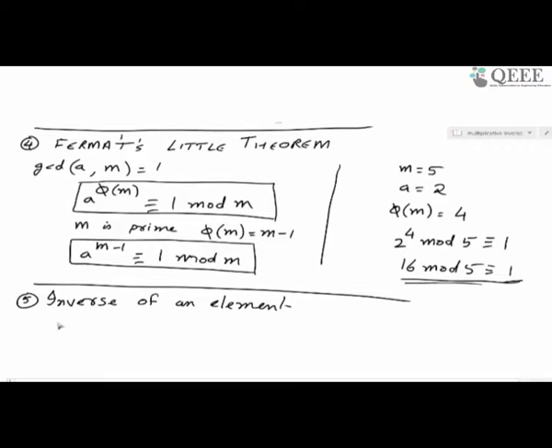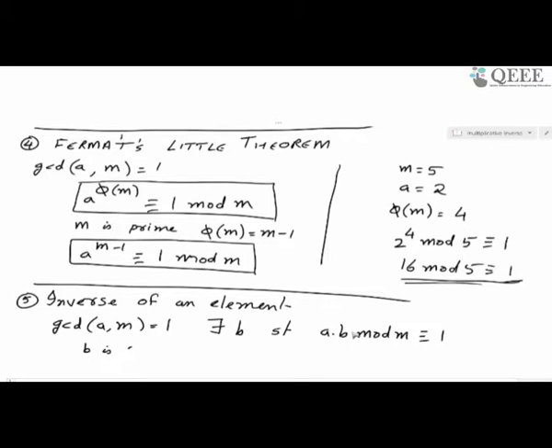So again, by definition, if the GCD of a comma m is equal to 1, then there exists some element b such that a into b mod m is congruent to 1. Okay, so b is called the inverse of a.